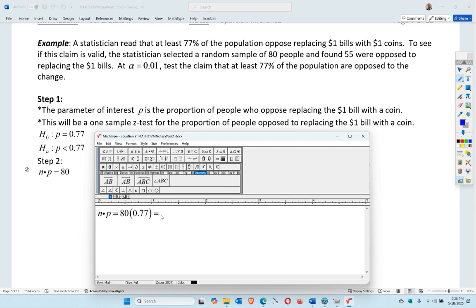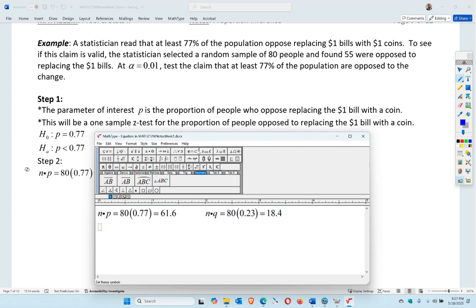So that would be 61.6. Then if I copy this, N times Q, success and failure. The failure would be 23%, so that would be 18.4, right? All right, so that means that we have enough samples. They have to be 10 or more for each of these for it to be a valid test, essentially.